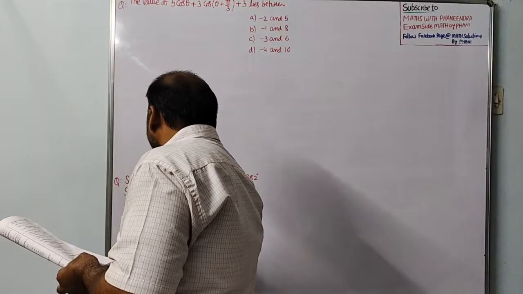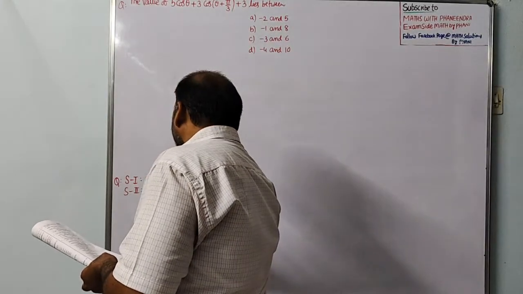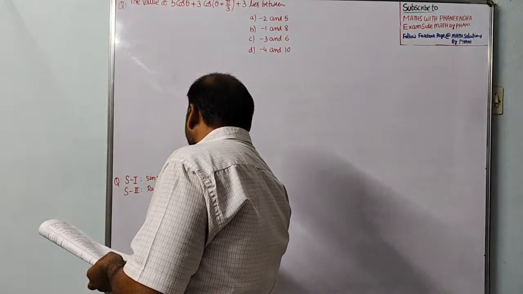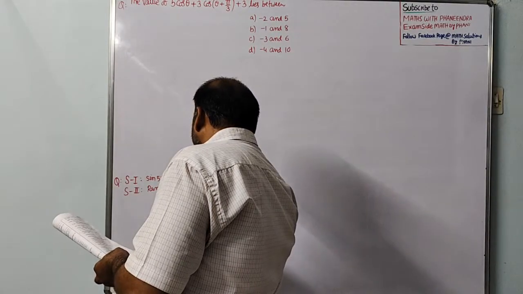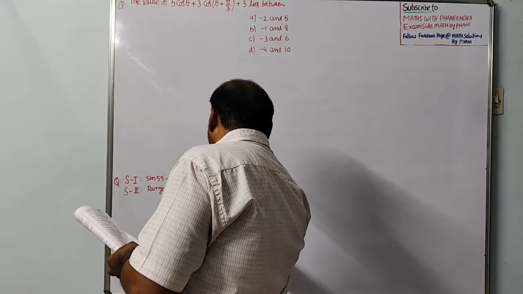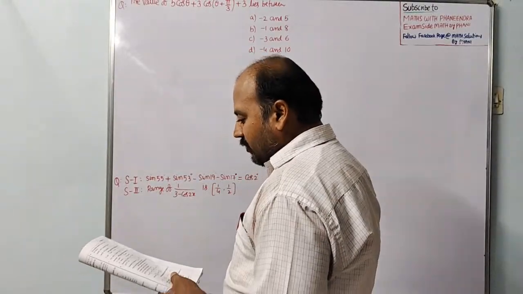Statement 2: a range of 1 by (3 minus cos 2x) is the closed interval of 1 by 4 comma 1 by 2.